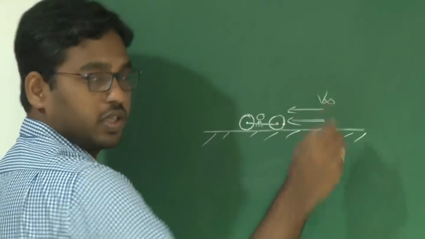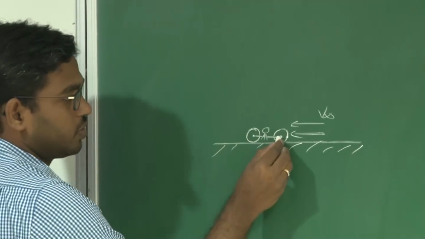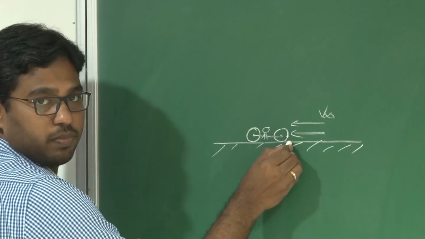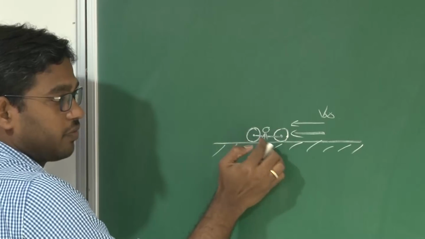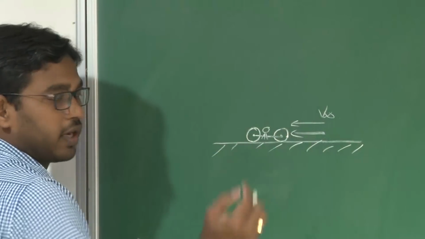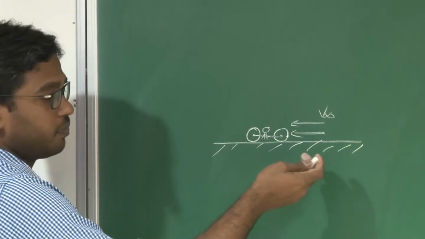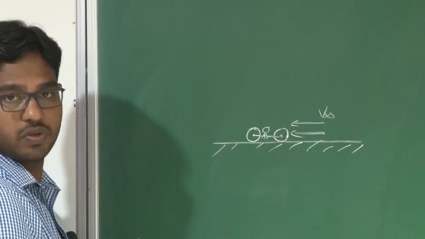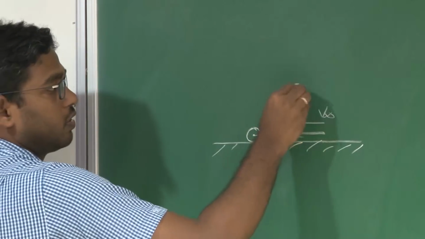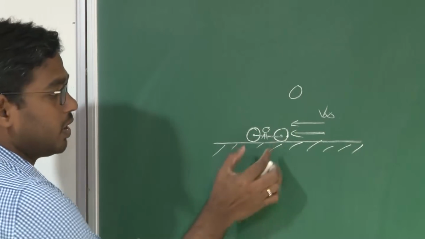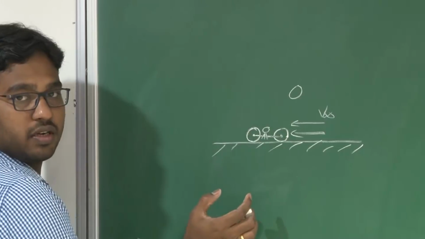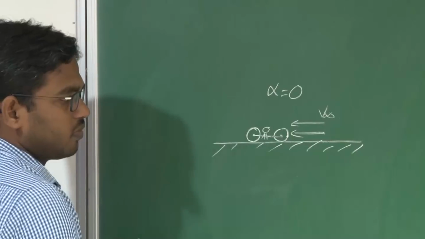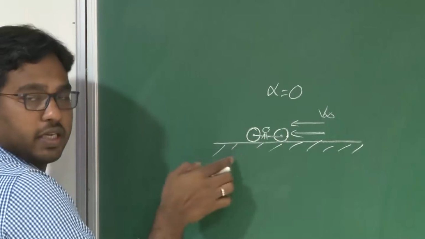Say this is my v infinity. Now let us assume this is my reference line. Since it is parallel to the path, since I have equal front and rear tires, and the free stream is also parallel to the road, the angle of attack that I face with respect to this free stream is 0. Assuming this rod is my reference line, I don't face any angle of attack, and the path that I am following is parallel.